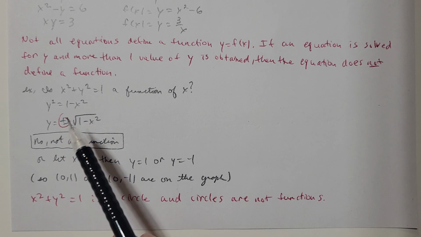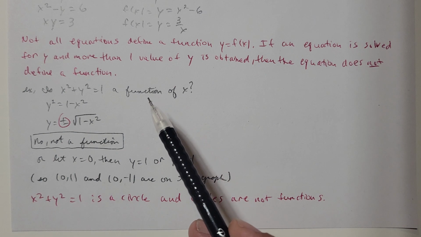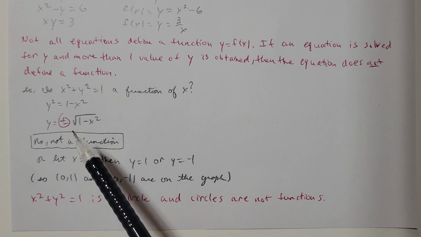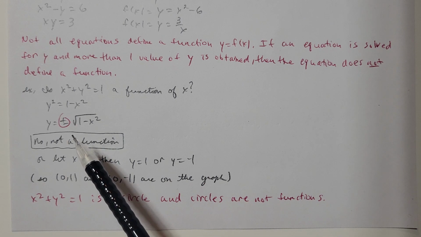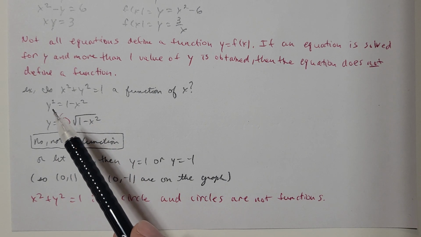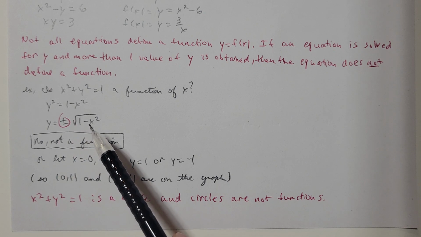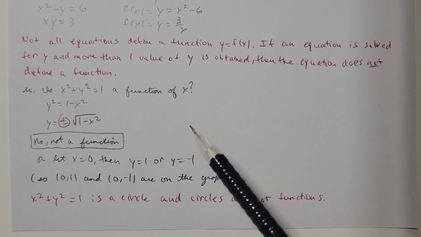And then we'll take the square root of both sides. Whenever you take the square root of both sides, you always have to tack on a plus or minus on the right. Don't forget about that necessary thing. Always tack on a plus and minus whenever you take the square root of both sides in an equation. The square root of y squared is y. So y is equal to plus or minus the square root of 1 minus x squared.